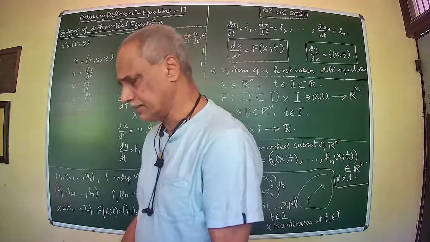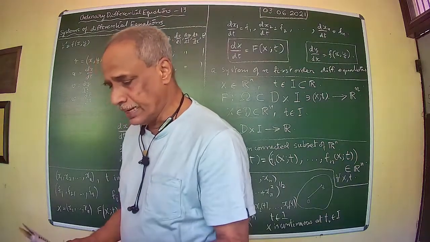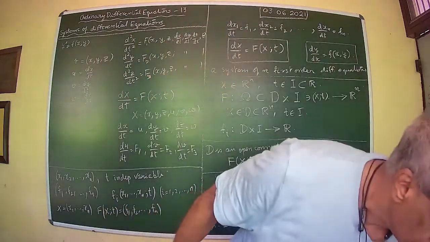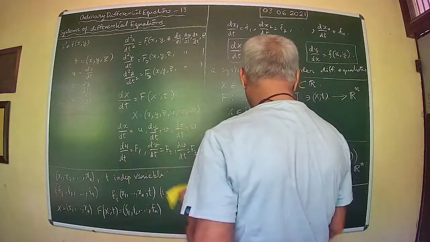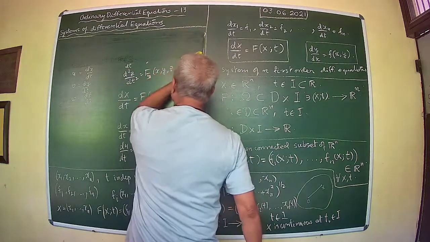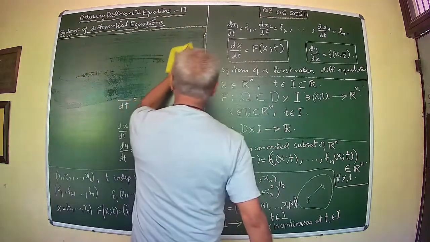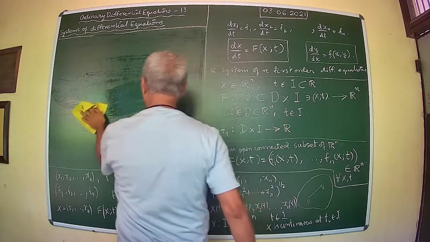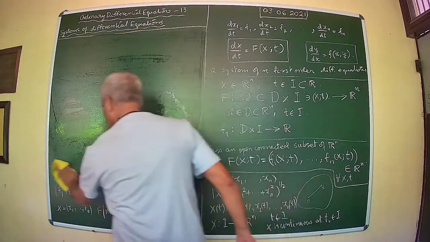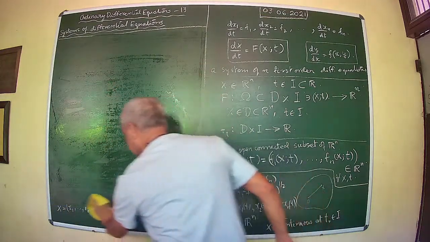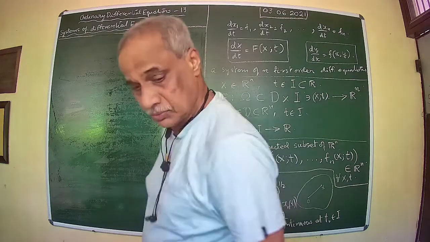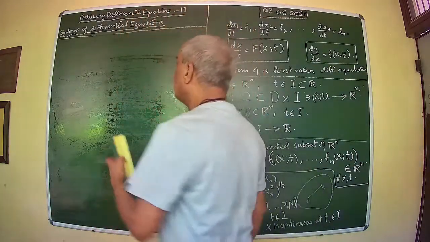So this is the usual definition, and one can prove that this is equivalent to the statement that every component function, which is a real valued function, is continuous. So we will just make that observation, and I think it needs a proof which you can give. So that's the sort of result that we prove.